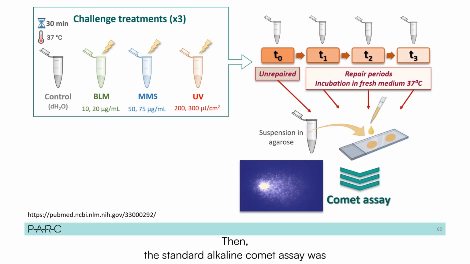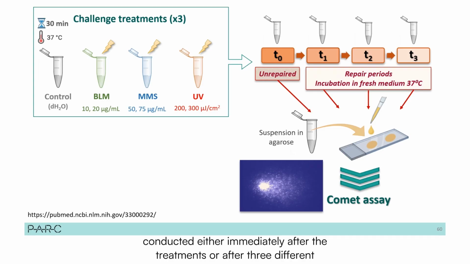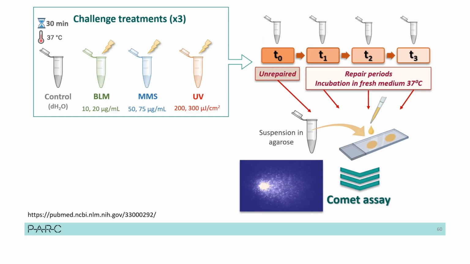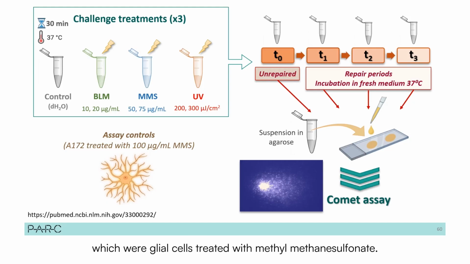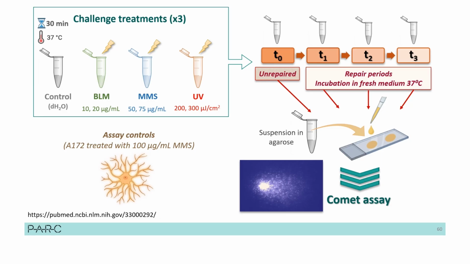Then, the standard alkaline comet assay was conducted either immediately after the treatments or after 3 different repair periods in fresh medium, in order to study repair kinetics. Additionally, to minimize interassay variability, assay controls were introduced in each electrophoresis run, which were glial cells treated with methyl methanesulfonate.